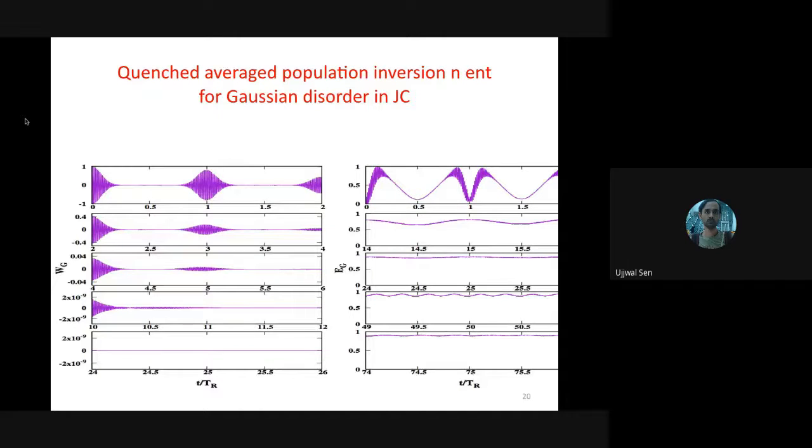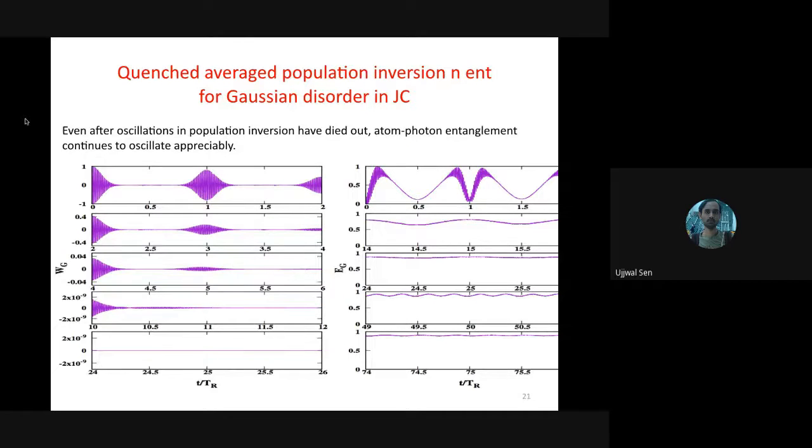The oscillations have gone away and entanglement has stabilized to a value that is very close to 1. Even after the oscillations in population inversion have died out, atom-photon entanglement continues to oscillate appreciably, and its value is very high in comparison to the population inversion.